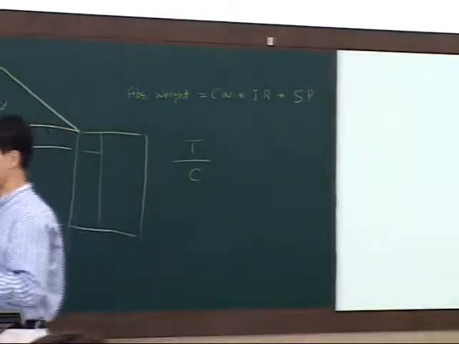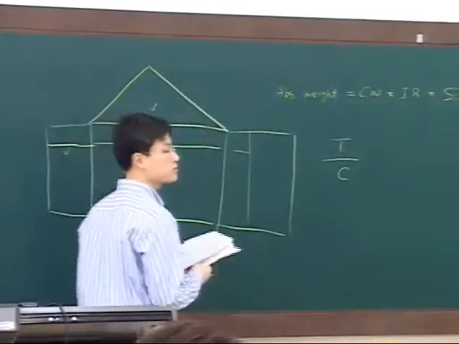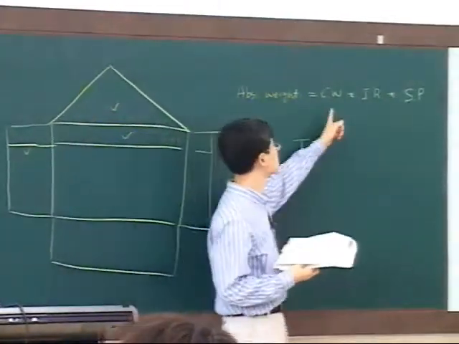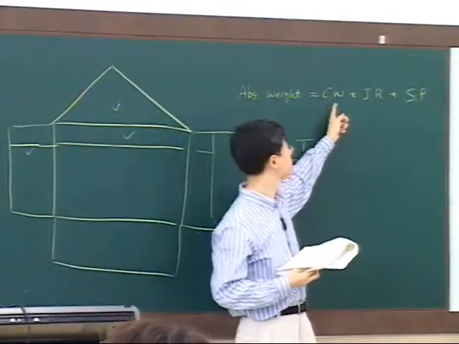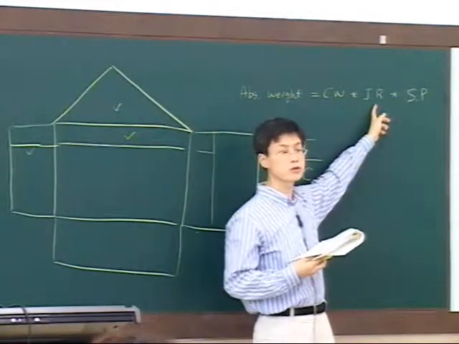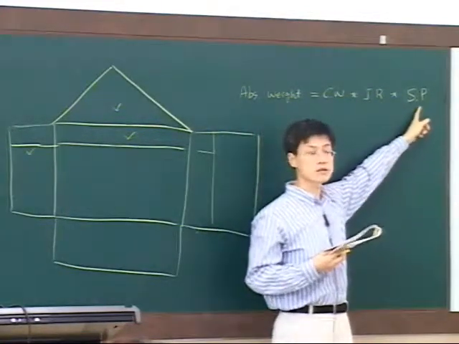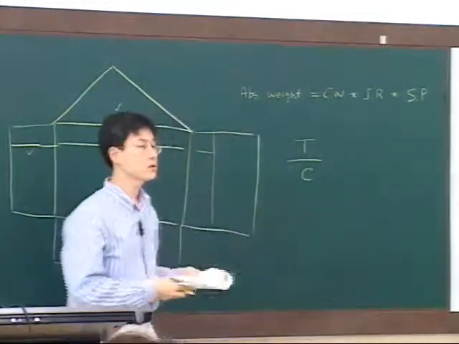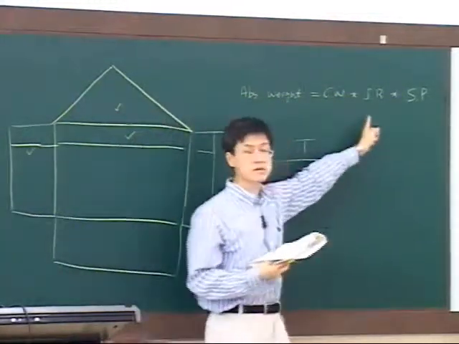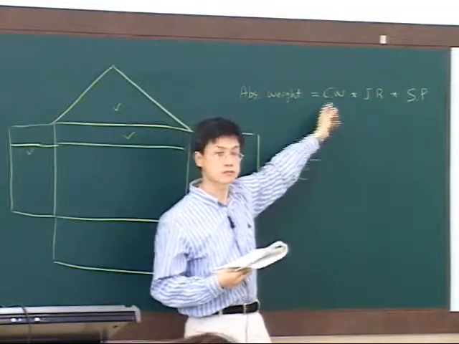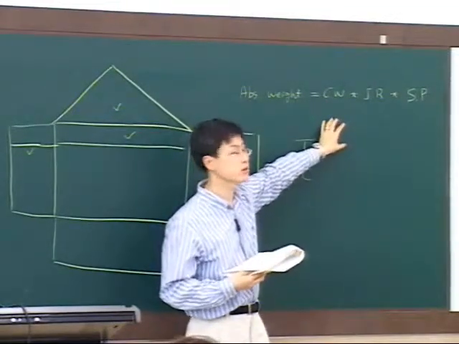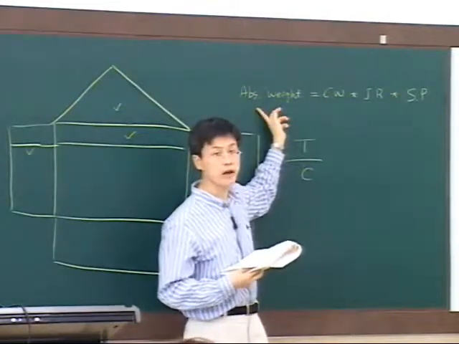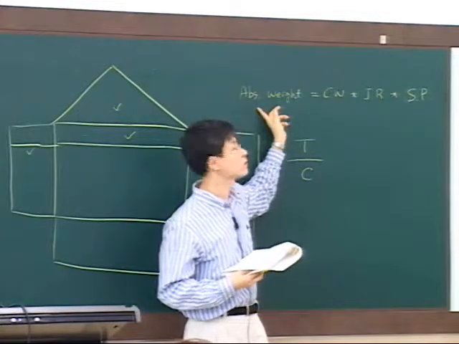Absolute weight is just the product of customer weight, improvement ratio, sales point. So, let's discuss this. If the customer weighs something very heavily, then it will have heavy absolute weight.